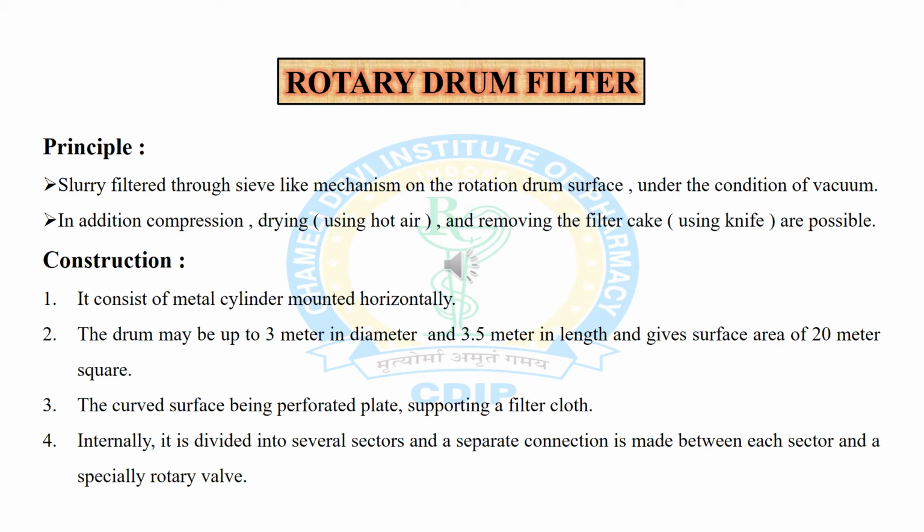The drum may be up to 3 meters in diameter and 3.5 meters in length, and it gives a surface area of about 20 square meters. The next part of the construction is the curved surface, which is made of perforated plates, and it is supported by a filter cloth.